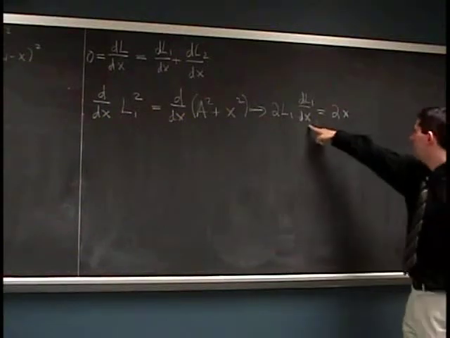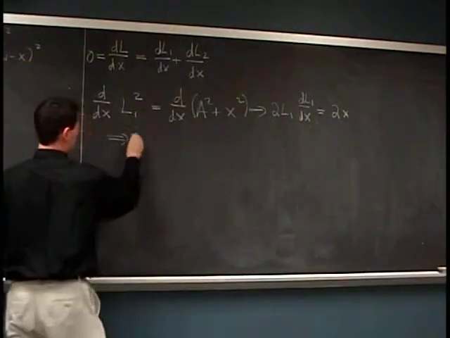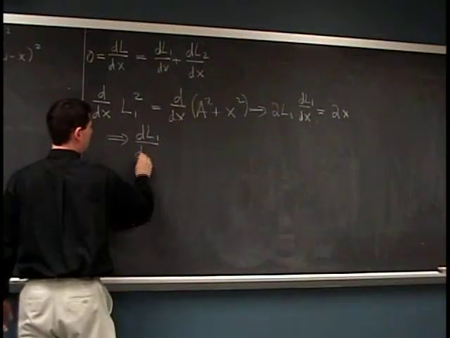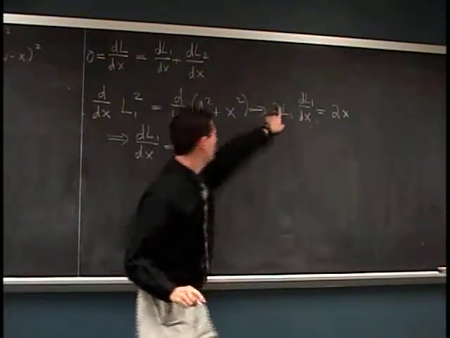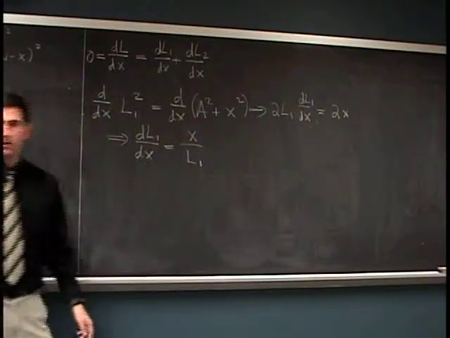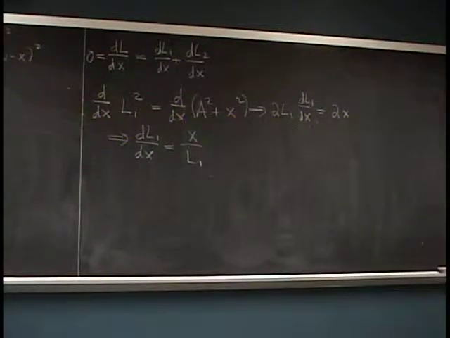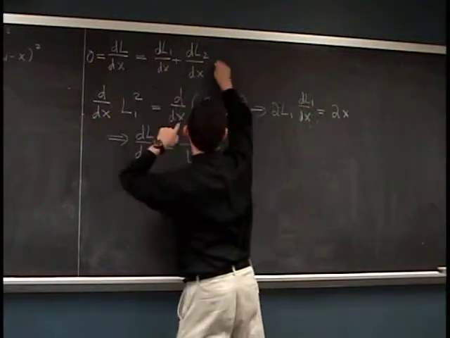So dL1 over dx is, I just divide, and I get x over L1. Okay, so I've got the first part.